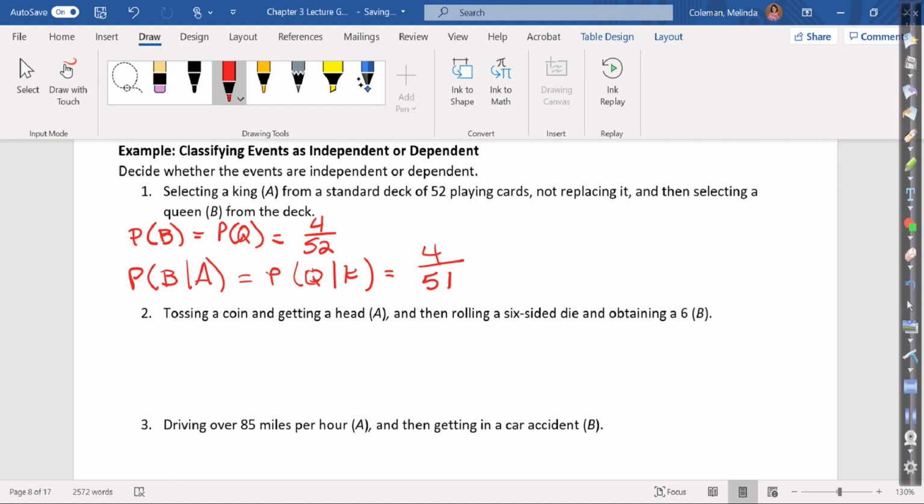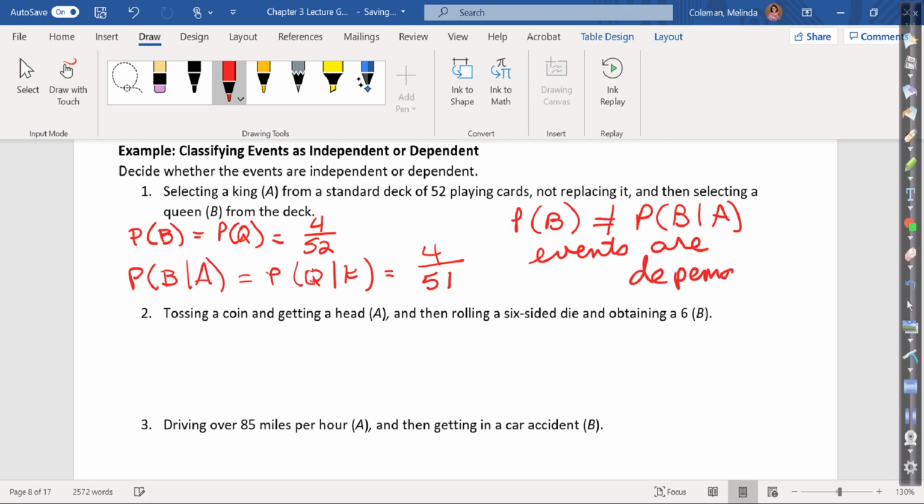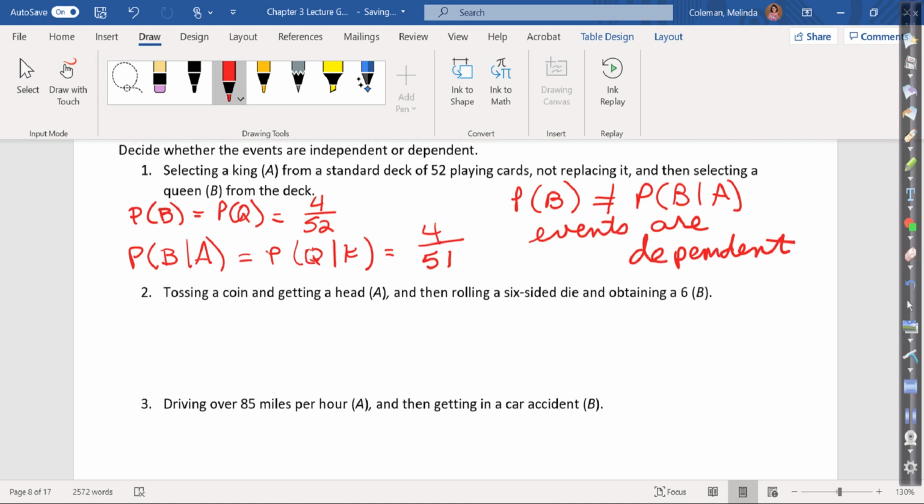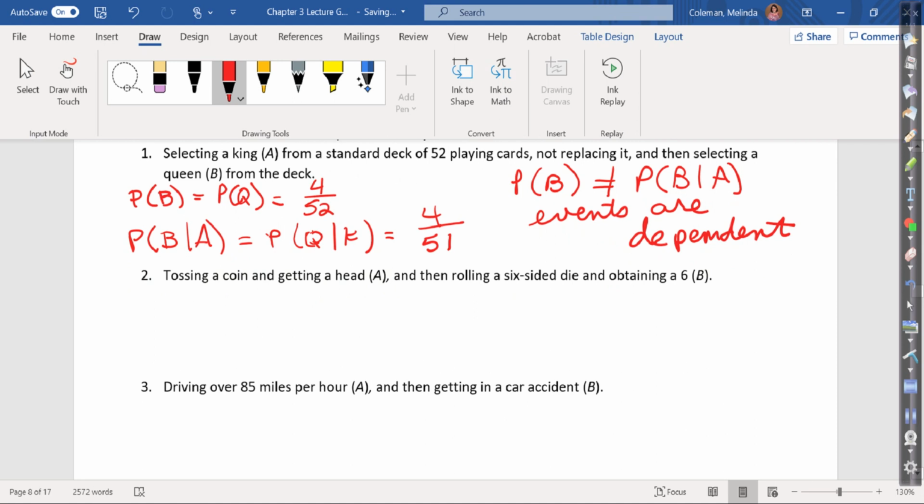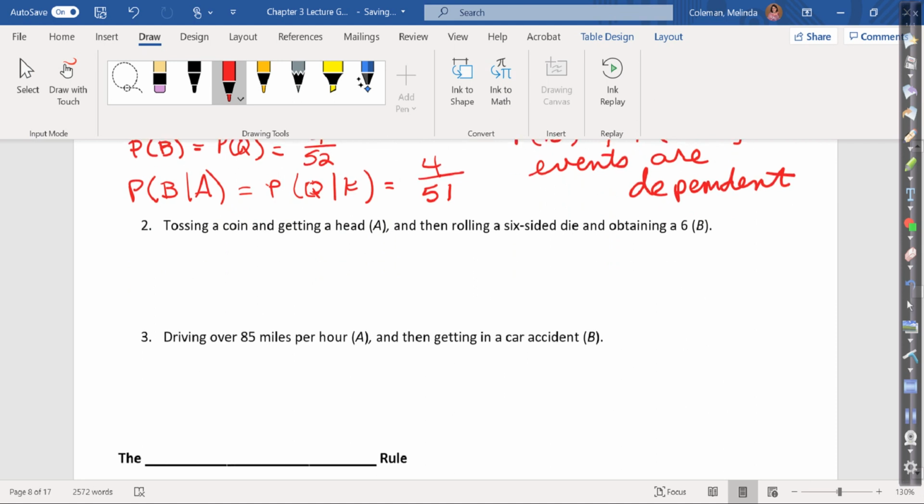So there's only 4 queens left out of 51 cards. Okay. Since the probability of B is not equal to the probability of B given A, these events are dependent. One depends on the other. The queen depends on the king, in other words.